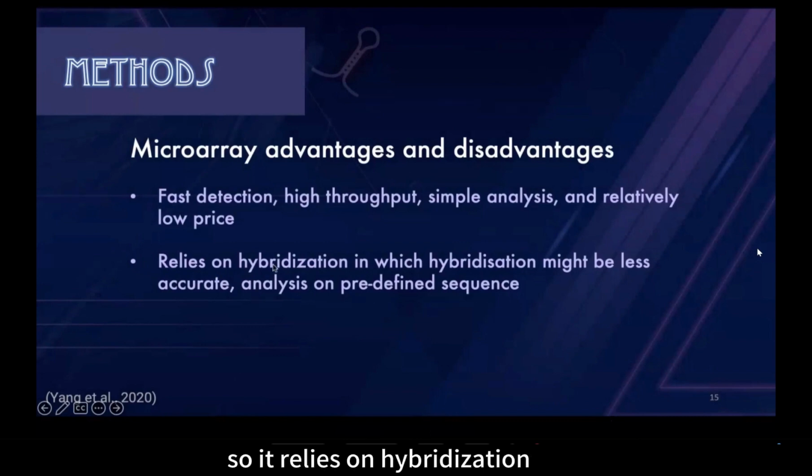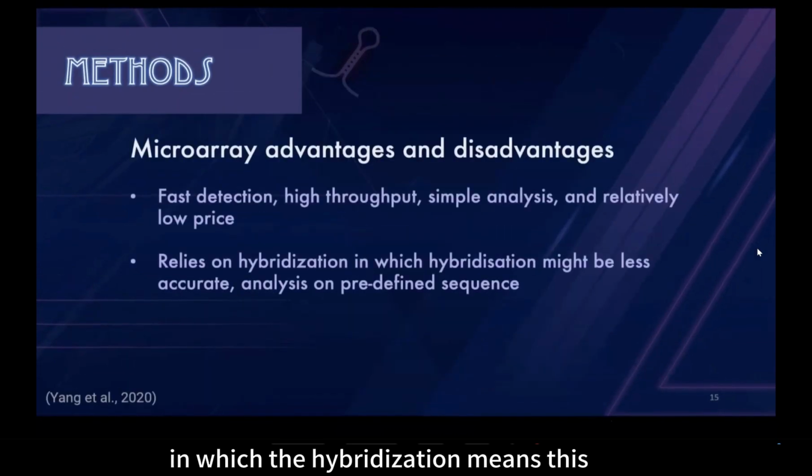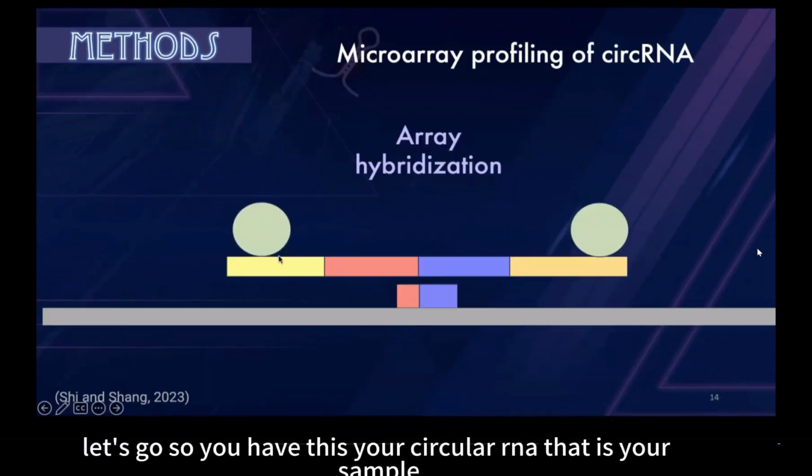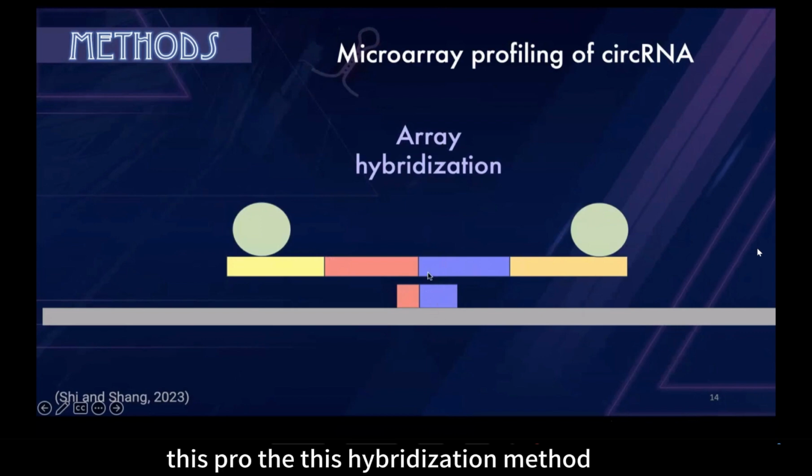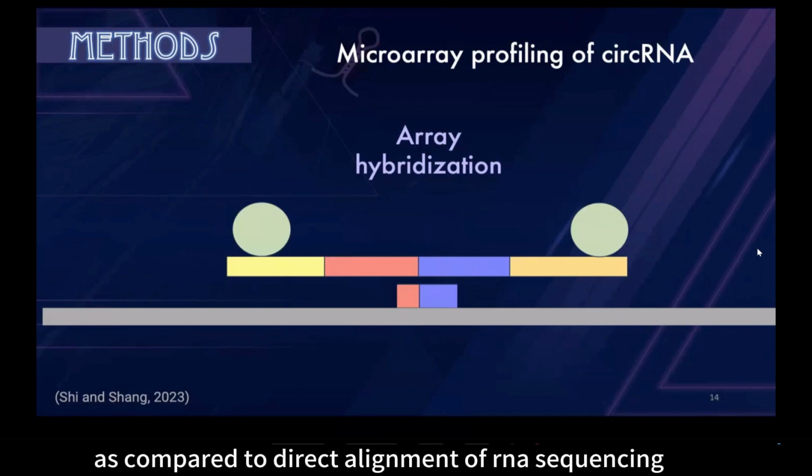Okay, so it relies on hybridization, in which hybridization means this. You have your circular RNA that is your sample, and then you have to hybridize on this DNA chip. However, this hybridization method will be somewhat not so specific as compared to direct alignment of RNA sequencing.